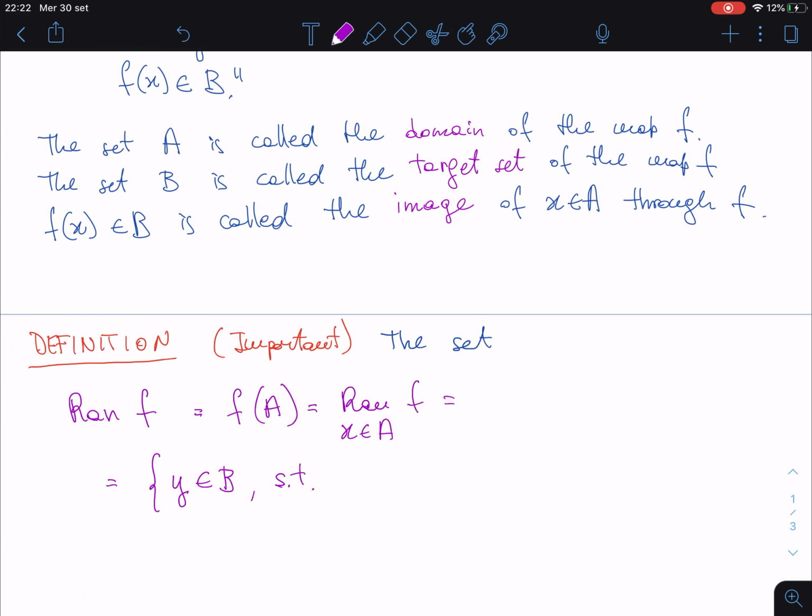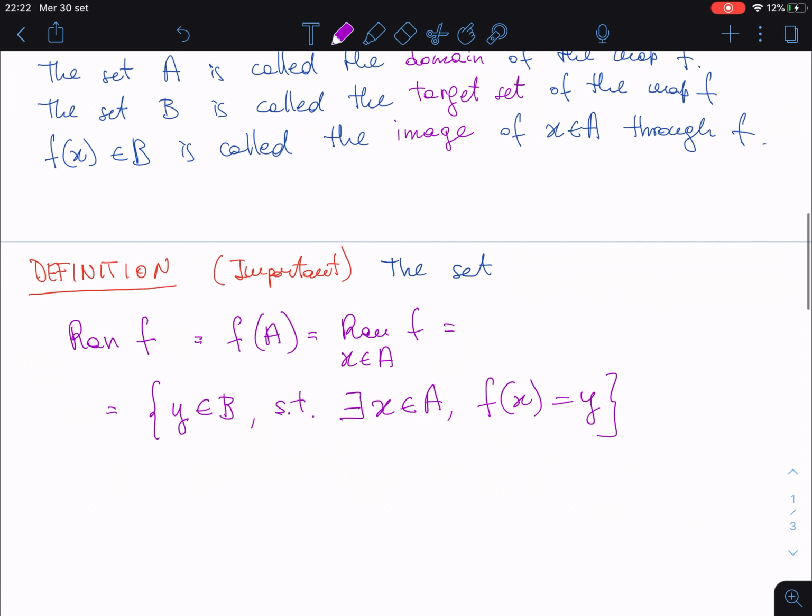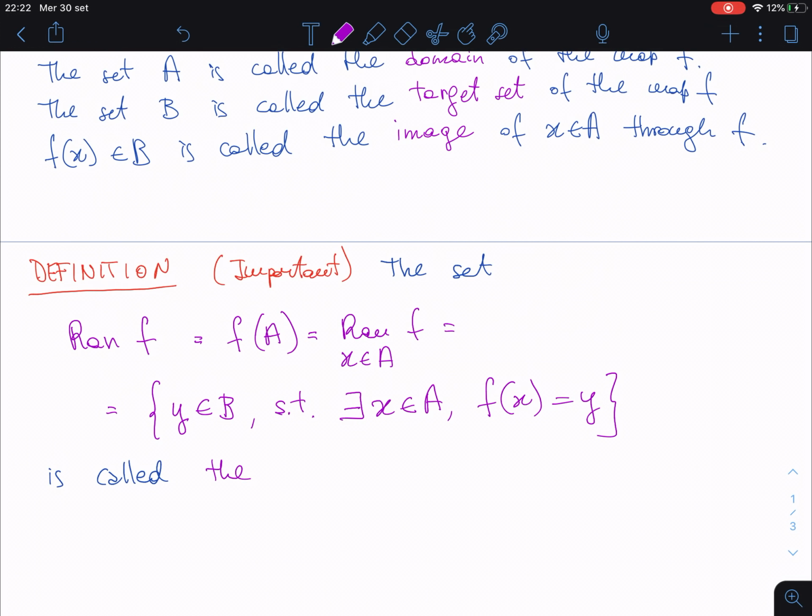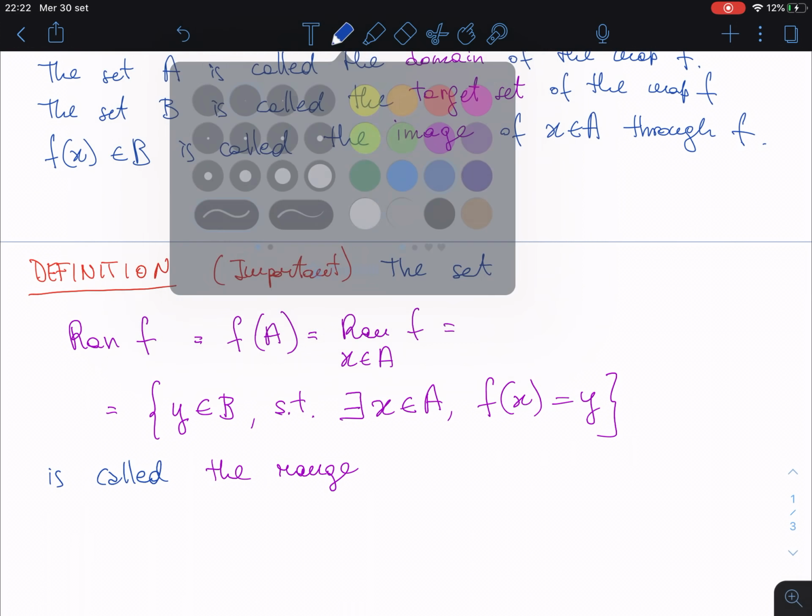such that there exists an element X in A whose image is Y. This set is called the range of the function f.